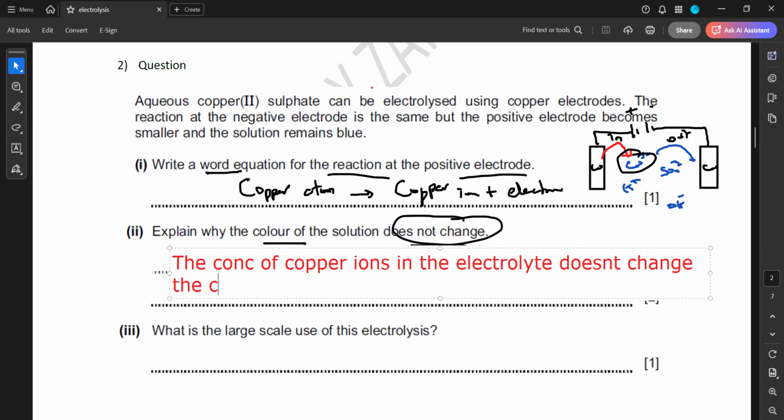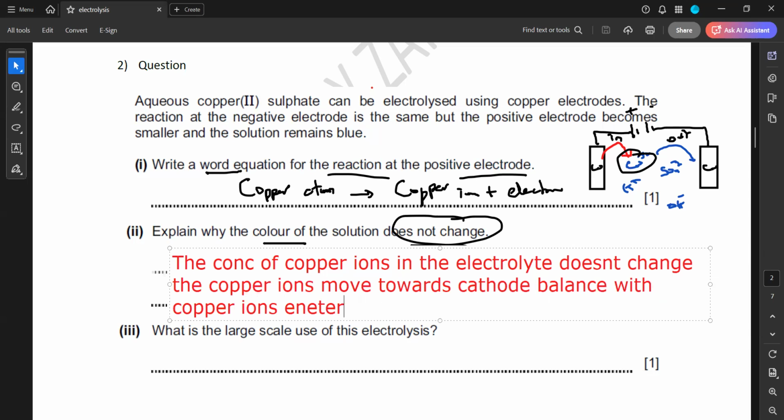The copper ions move towards the cathode, balanced with copper ions entering from the anode.